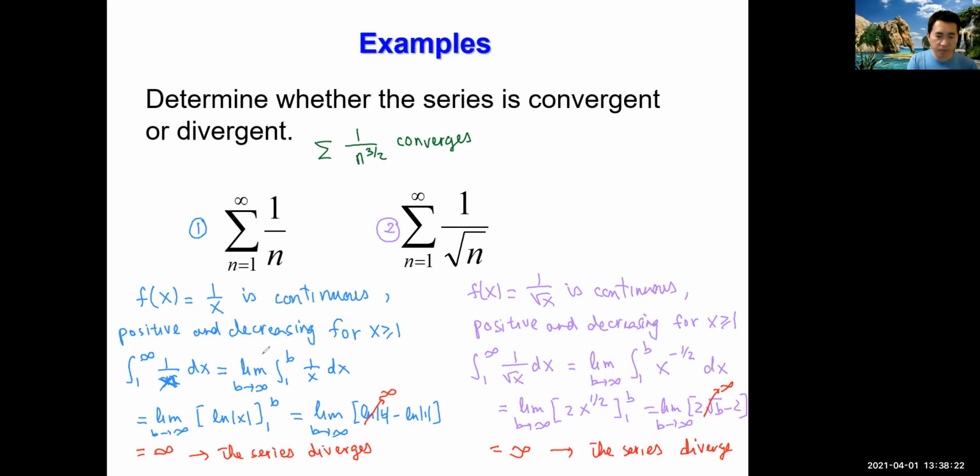And for this series right here, if you rewrite it, it becomes 1 over n to the 1/2 power. So if you look at all three, they actually belong to the same type of series. They are all 1 over n to some power: that is 1, that is 3/2, that's 1/2.